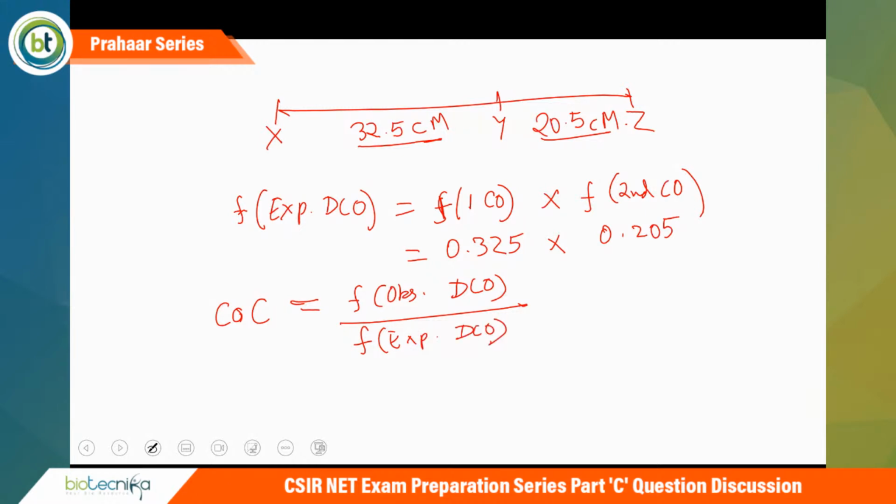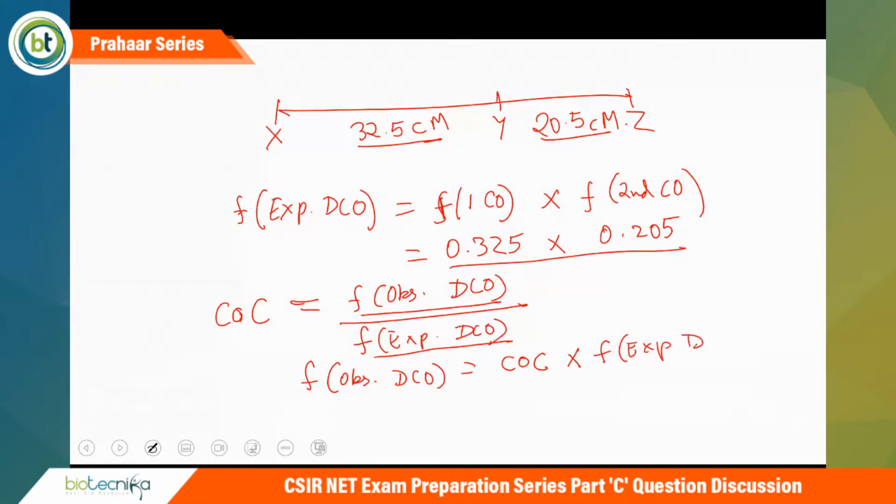Here we have to calculate this value, so keep it on one side. So the frequency of observed double crossover products will be the coefficient of coincidence multiplied by this value, the frequency of expected double crossovers.